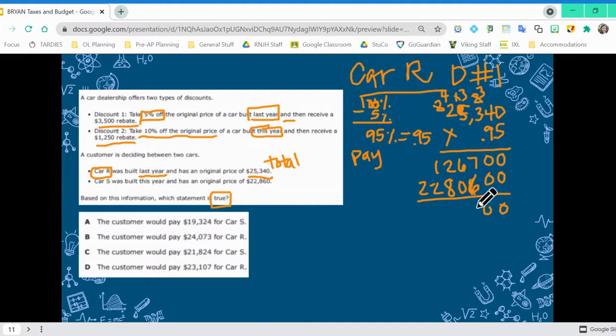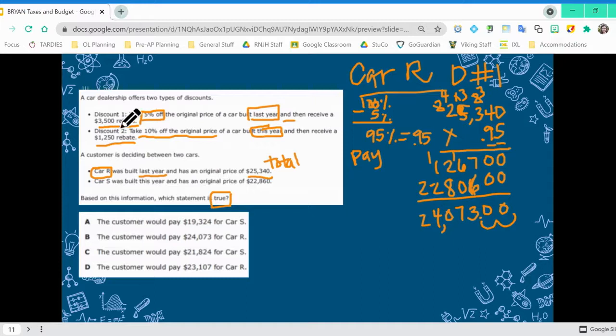Woo! Long problem. All right, so now we need to move our decimal 1, 2. So I'm going to start at the back and loop 1, 2, which gets me $24,073. So that is the price after we take off 5%.